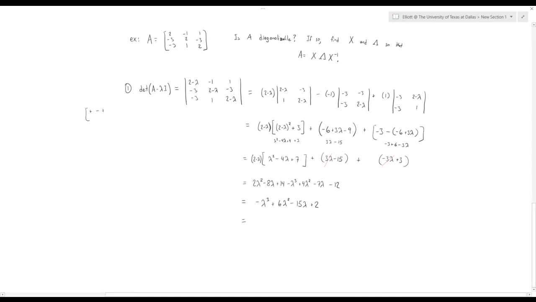As I talked about last time, when you compute the determinant of A minus lambda I, it's going to turn out to be a polynomial in lambda. For an n by n matrix, it'll be an nth degree polynomial. So in this case, it's a cubic polynomial for a 3 by 3. For the eigenvalues, you set this equal to 0 and try to find the roots to get the corresponding eigenvalues.